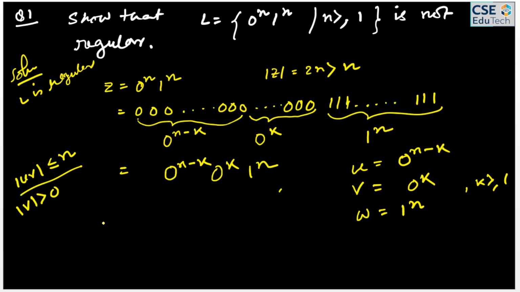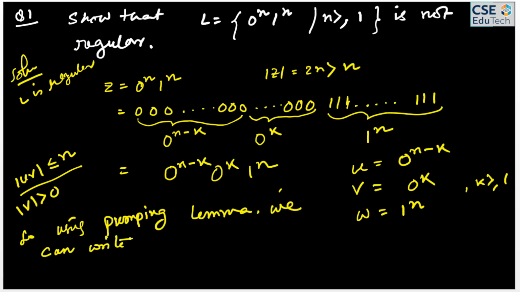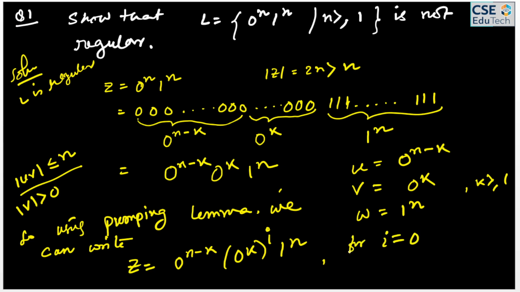Now using the pumping lemma we can write Z equal to 0 to the power n minus k, 0 to the power k i, and 1 to the power n. It should also belong to the language, but for i equal to 0, what will happen?